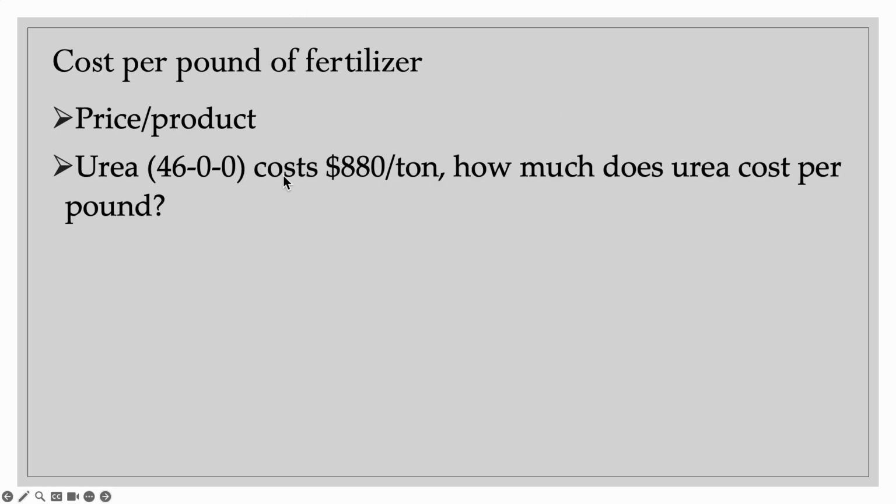All right, next, how much is that going to cost us to fertilize that field? And so when I talk about price over product, typically the example that I'll give is like when I go to Walmart, I look to see what it costs per ounce. I look to see what it will cost per pound of, I don't know if it's cheese or meat or whatever it is, right?